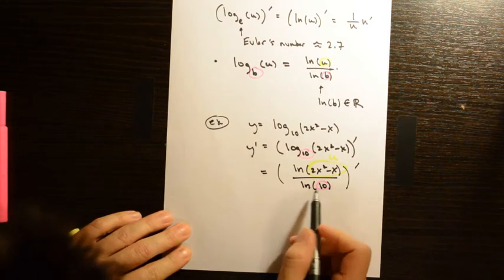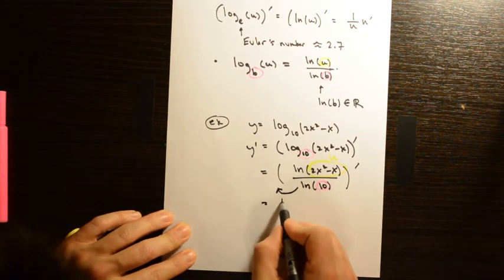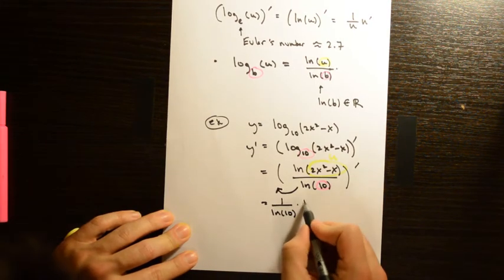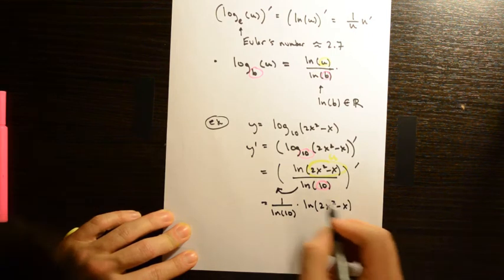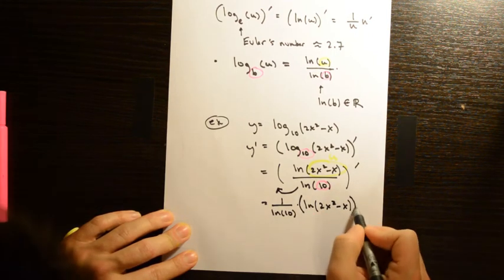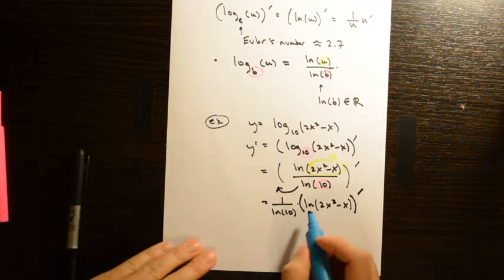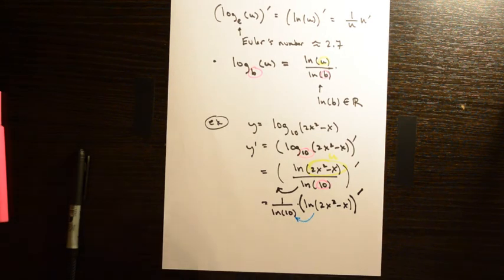Now this is a constant, so we can pass it through the derivative. So this is 1 over the natural log of 10 times the derivative of the natural log of 2x squared minus x, and now the derivative is only being applied to this term here. Notice what we're able to do is we basically take this constant and pass it through the derivative.